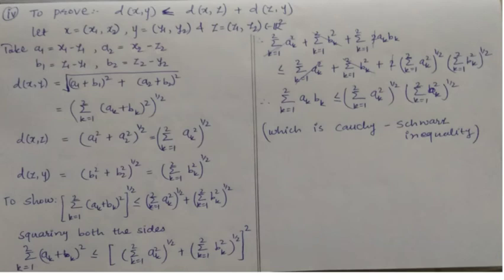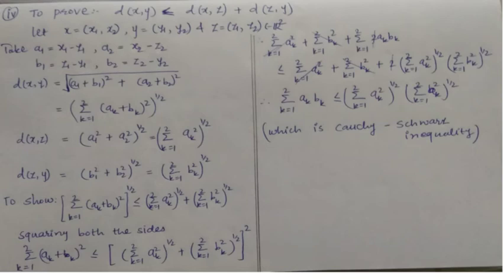Similarly for dzy, right? The definition of dzy is what? Square root of (z1 minus y1) whole square plus (z2 minus y2) whole square. But z1 minus y1 is b1. So (z1 minus y1) whole square is equal to b1 square, and (z2 minus y2) whole square is equal to b2 square.